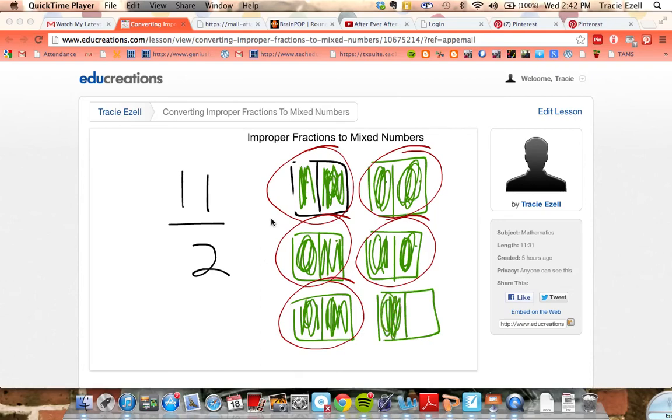So now count. I've got 1, 2, 3, 4, 5, 6, 7, 8, 9, 10, 11. So that is my top number. 11 is how many I shaded, and the bottom number tells me how many pieces to cut each whole into.